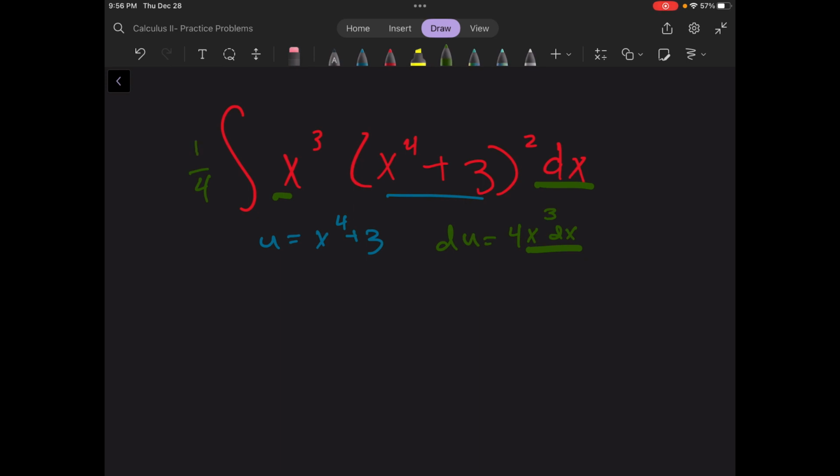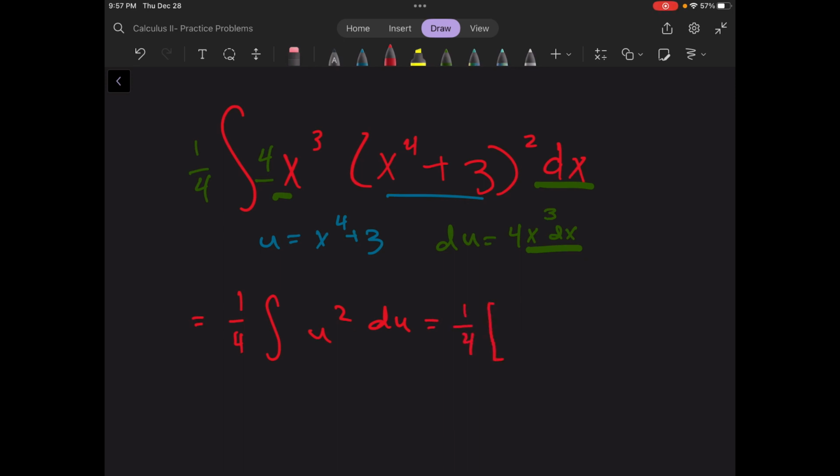That's going to leave us with a 1/4 out front and the 4x cubed dx that we want, which is part of du. And we already have our u, so let's simplify this to 1/4 of the integral of u squared du. So now this super complex integral was changed to this much easier integral.